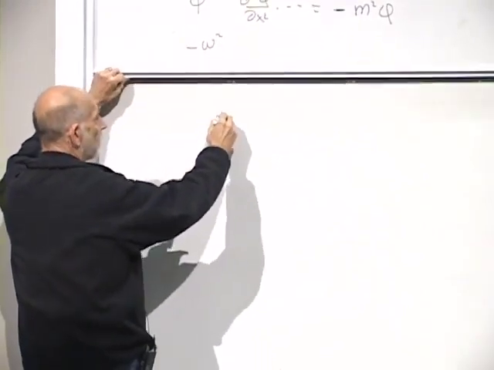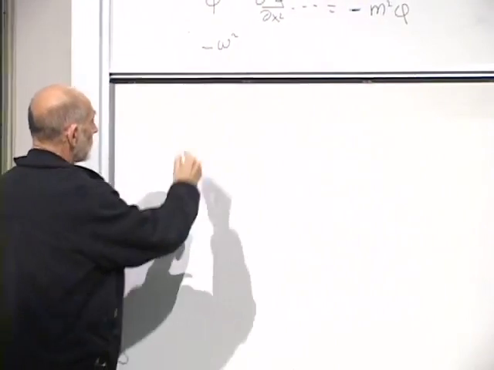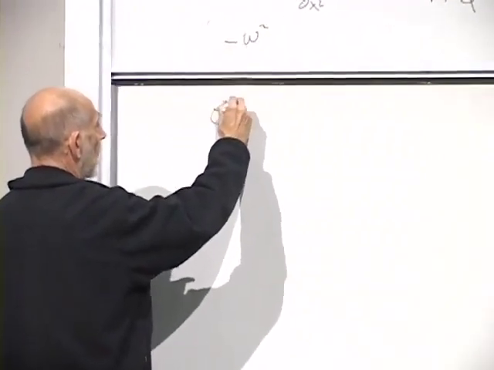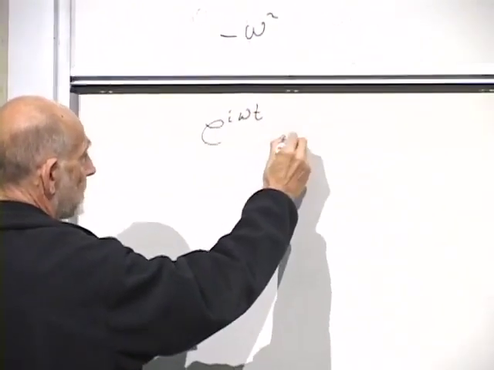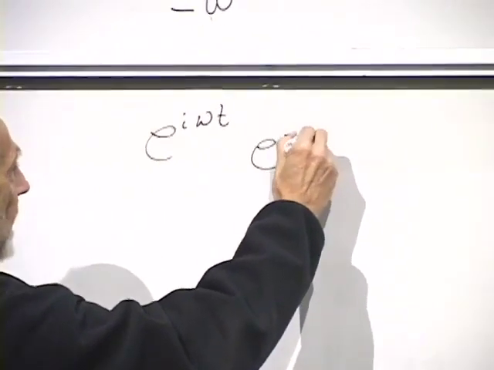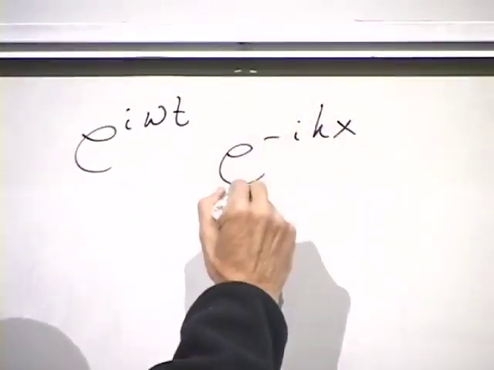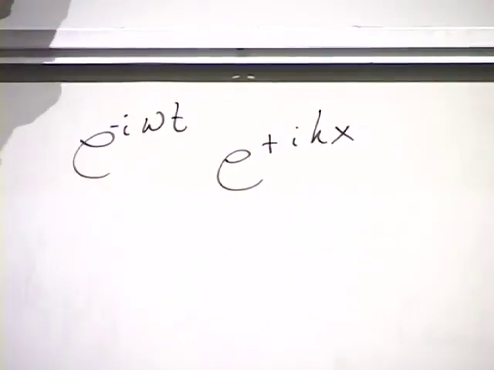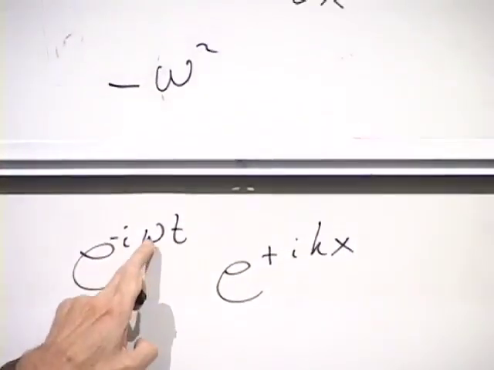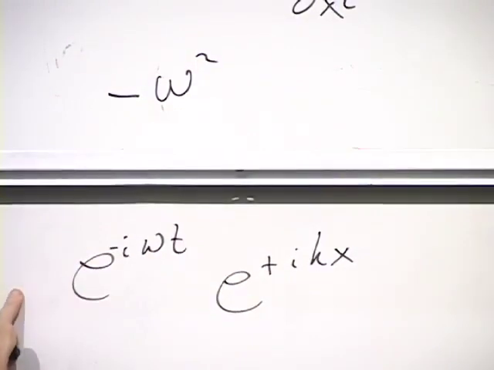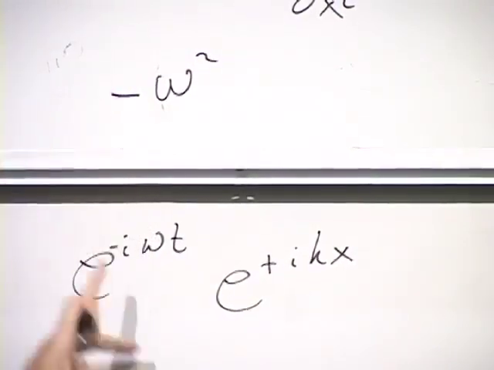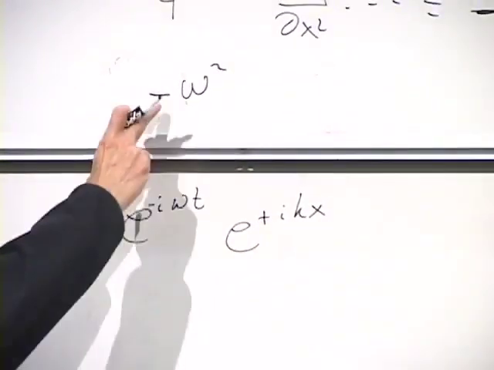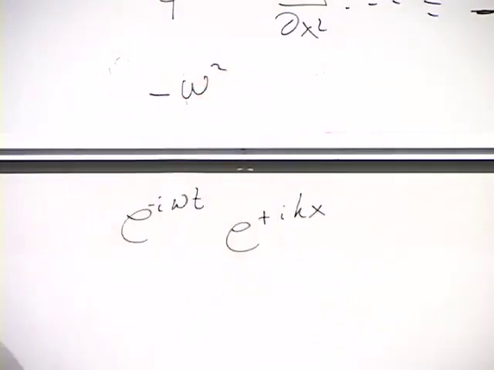Remember, if we have a wave function of the form e to the i omega t, perhaps times e to the minus i k x, if I differentiate with respect to time, that brings down a factor of minus i omega. If I do it twice, it gives me a minus omega squared times phi.